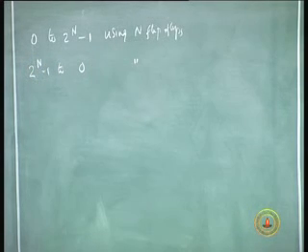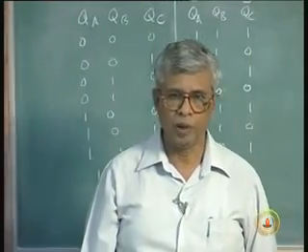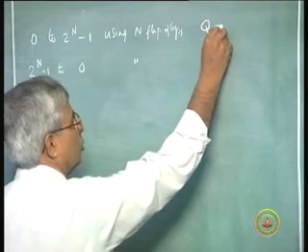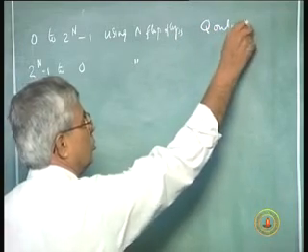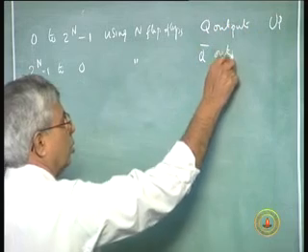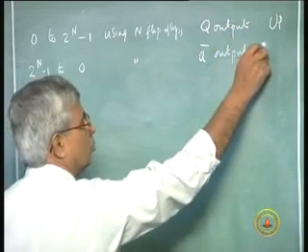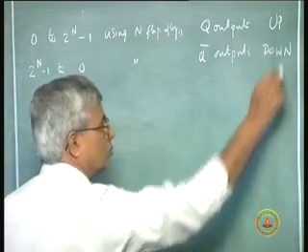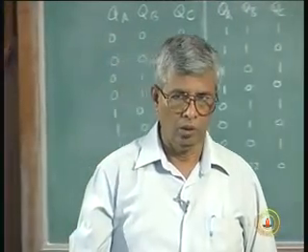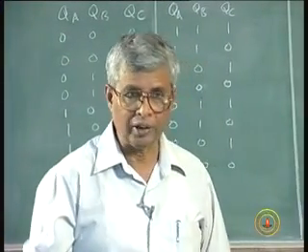If I take the output from Q, it becomes an up count. If you take the Q bar outputs, it becomes a down count. So that is a very major use of a flip-flop: use flip-flops in a chain for counting events.